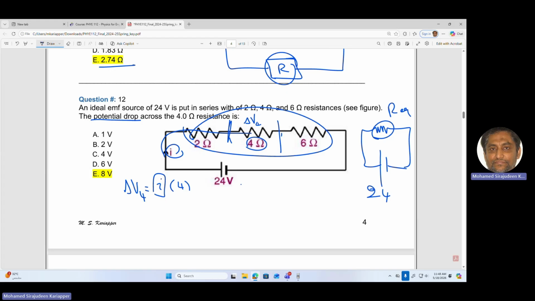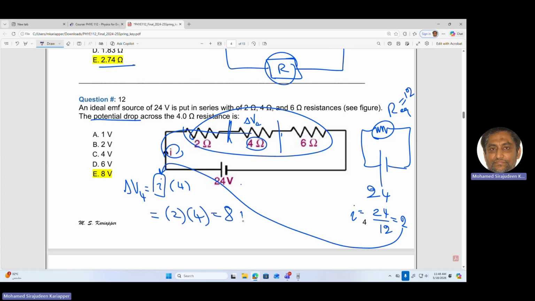It is 2 plus 4 plus 6, which is 12. So current will be 24 divided by 12, therefore 2 amperes. Now you bring that 2 and put it in here, you get the answer. Quite fast.